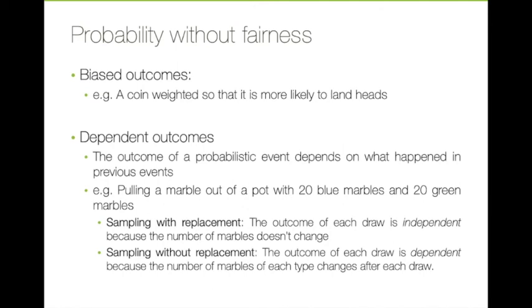A process can also be, quote, unfair if later outcomes are dependent on previous events. So dependent outcomes are ones where what happens in the next event depends on the previous ones.